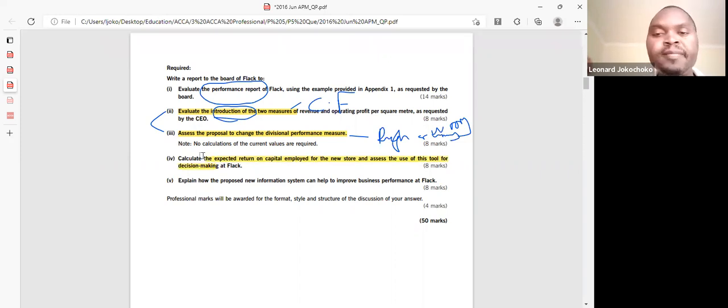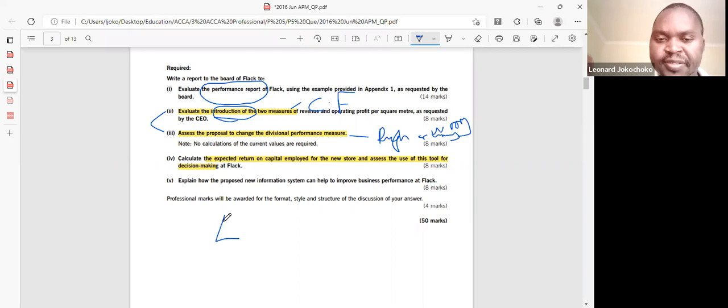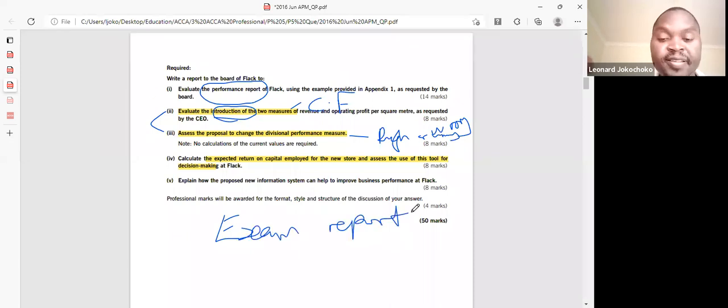What does this mean? Question practice is very important. And when you do your question practice, you need to always ensure that you read the examiner's report.